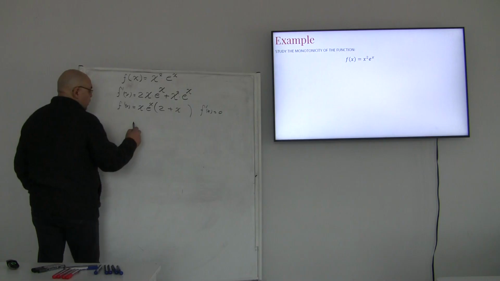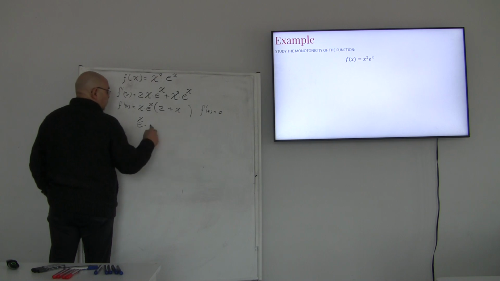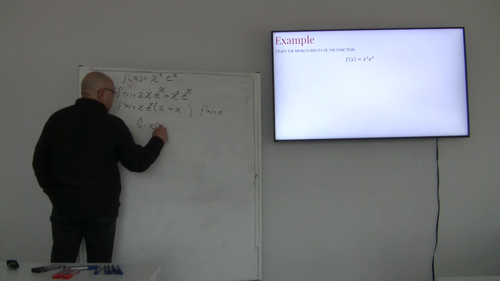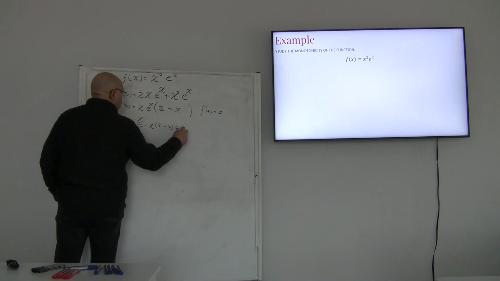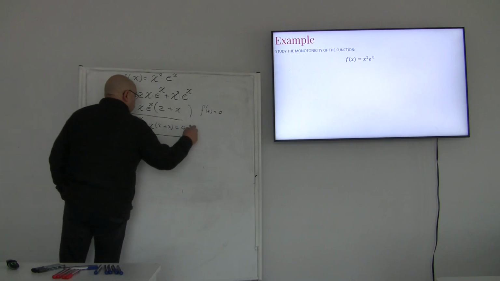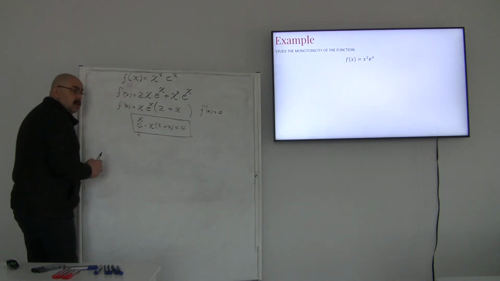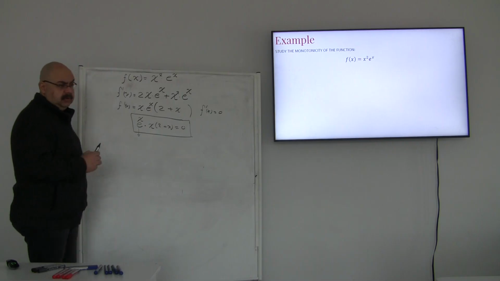Once we do this, we will have an equation which contains e to the power of x, which is an exponential function, times x squared plus x equal to 0. Once you try to solve this equation, you will find the following. First of all, for this term, e power x never equals 0.